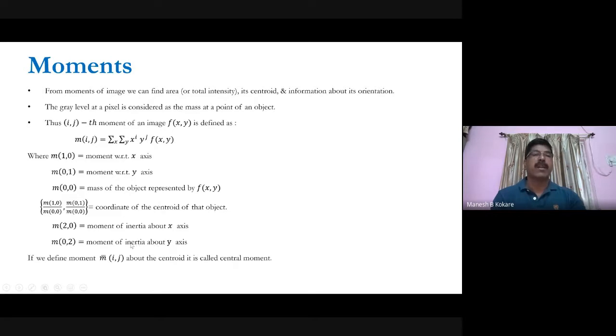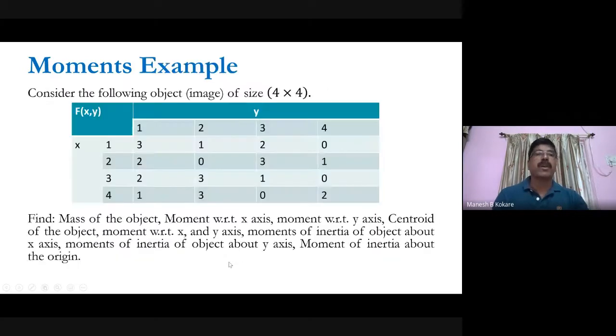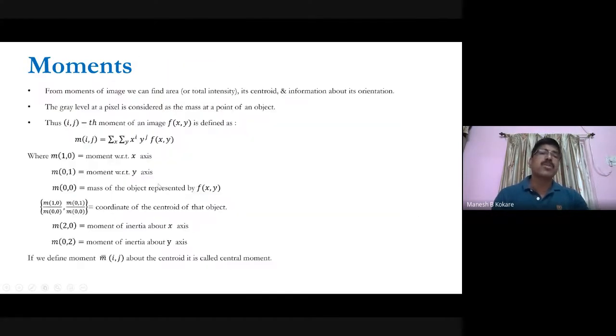And then we can also define the moment m bar ij, that is about the centroid. It is also called the central moment. And so on. So from the shape, you can obtain various features of that object based on the moment.